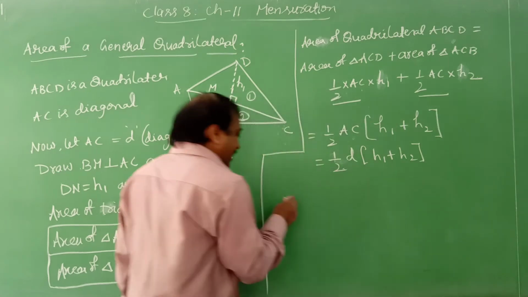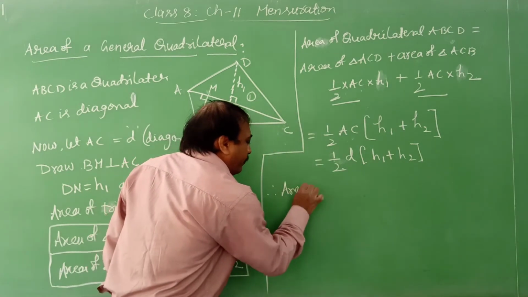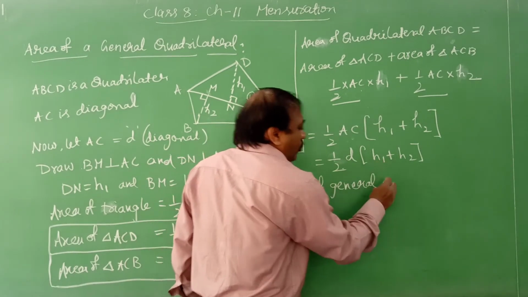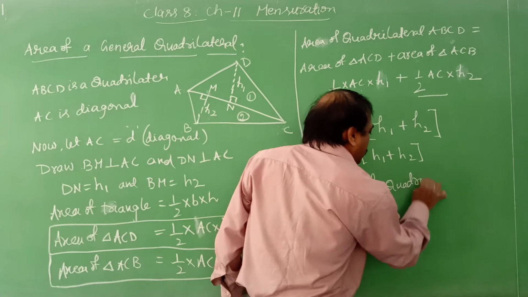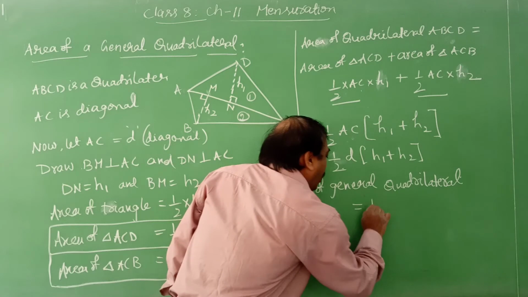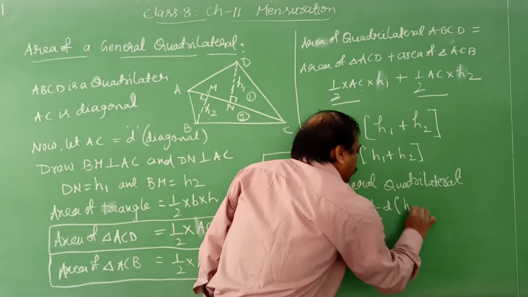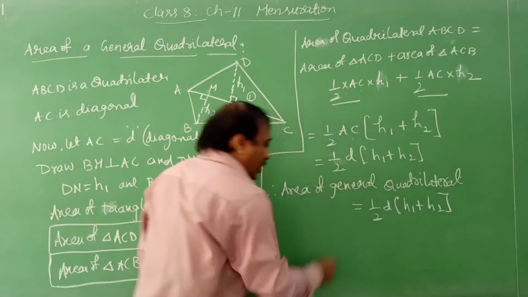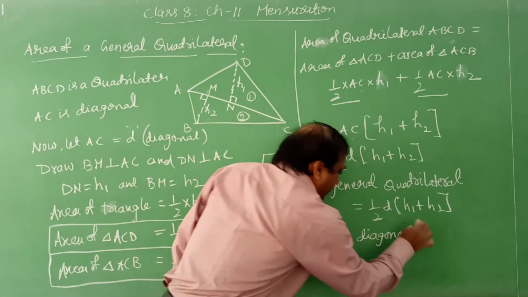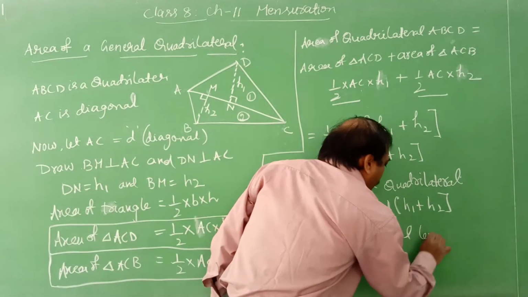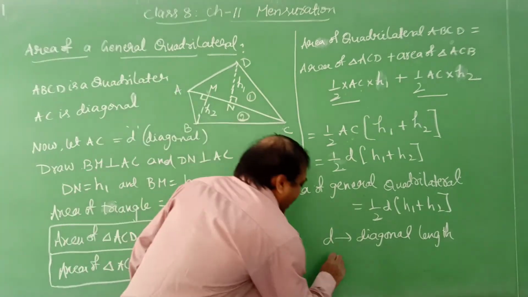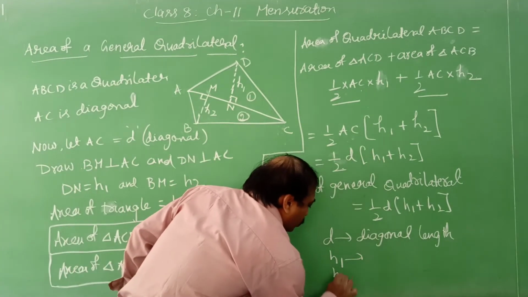Therefore, the area of a general quadrilateral is equal to half d into h1 plus h2. Here d is the diagonal length, and it can be any diagonal, and the corresponding altitudes are h1 and h2.